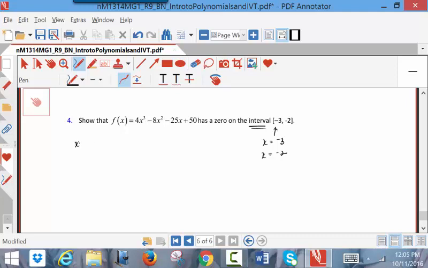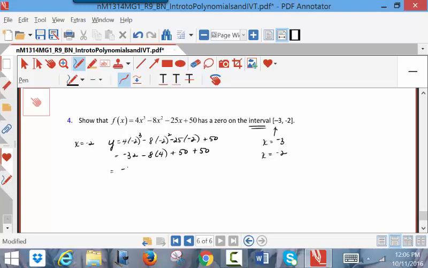So when x equals negative 2, y will be 4 times negative 2 cubed minus 8 times negative 2 squared minus 25 times negative 2 plus 50. I should have started with negative 3. Whatever. So this would be 4 times negative 8, which is a negative 32, minus 8 times a positive 4, plus 50 plus 50.